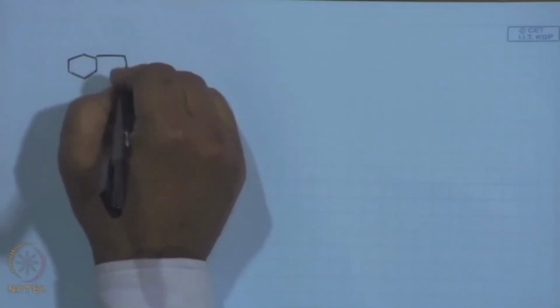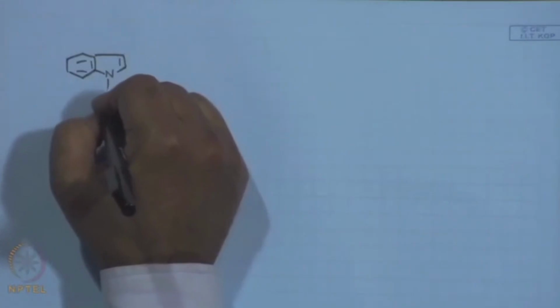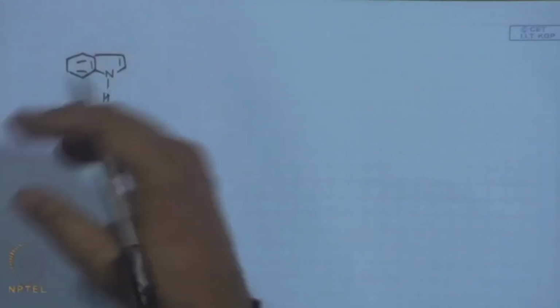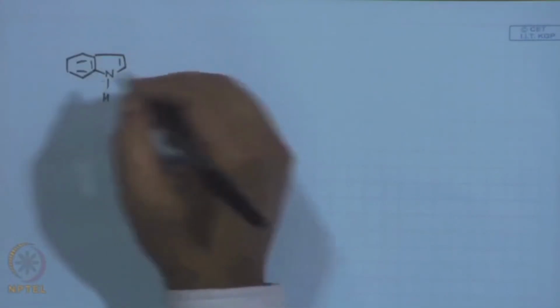What you will find is that with cupric acetate, the reaction goes to the 3 position in the case of indole. So if you take indole here, without any protection of nitrogen, you see, things are slowly improving, with no requirement of nitrogen protection.